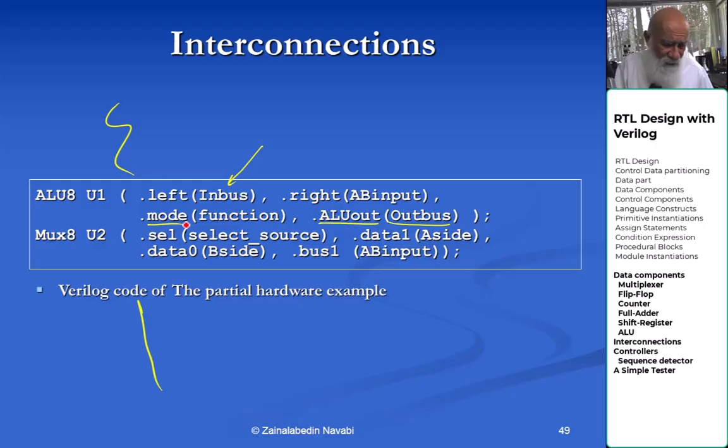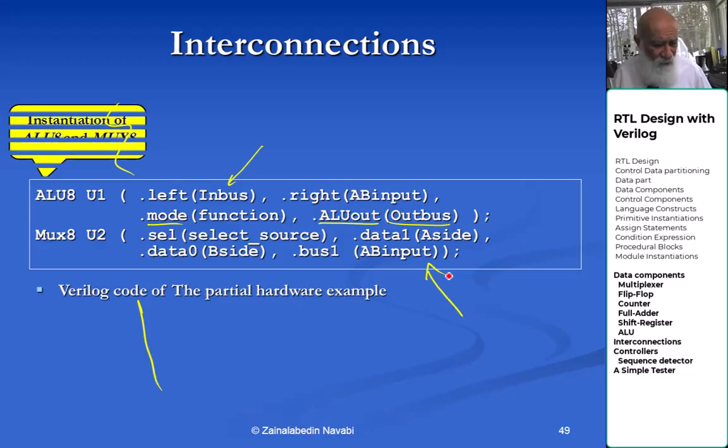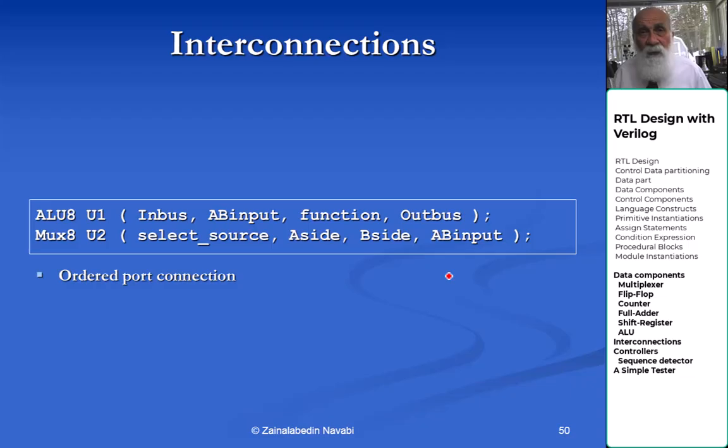The description here, which connects my in bus to left, AB input to right, out bus to ALU out, and function to mode, is called port connection by naming, or named port connection. And I'm doing the same thing for the multiplexer, named port connection. Alternatively, I could do ordered port connection.